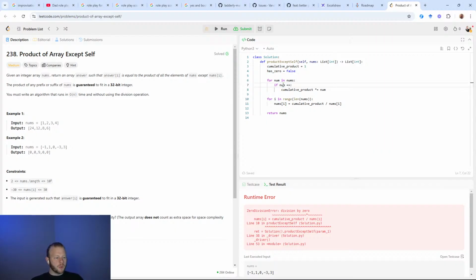If num is equal to 0, then it's true. Why do I care about that? I don't think I need that flag.